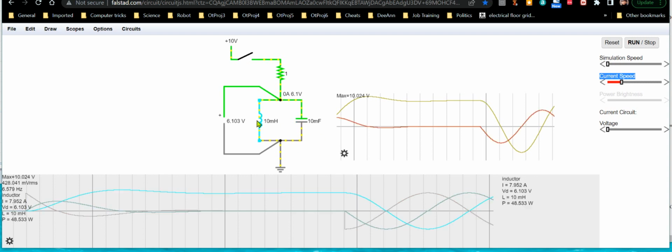And remember, these components are ideal components, and reactive components like capacitors and inductors don't consume energy. Real components, that's a different story.